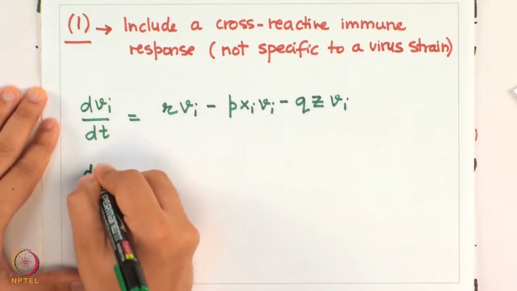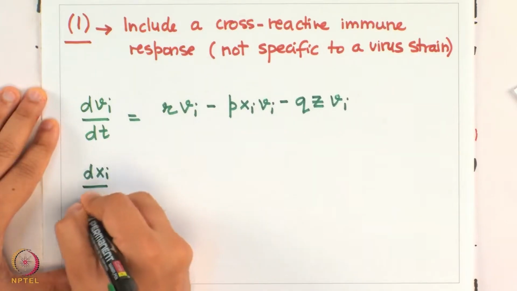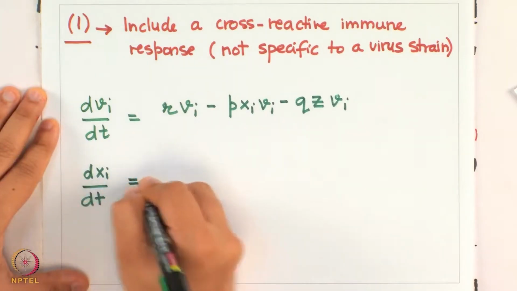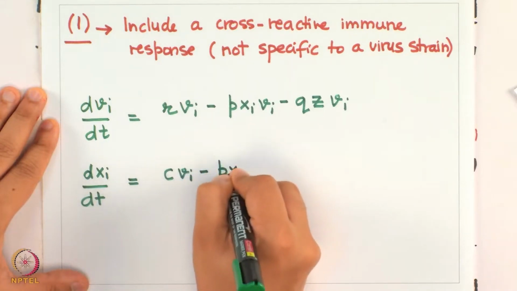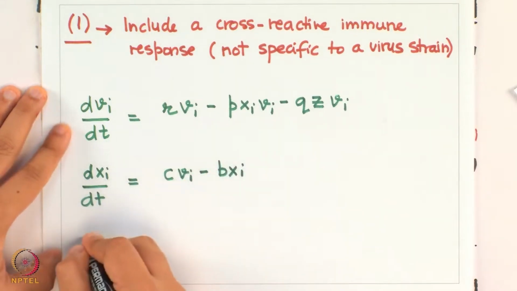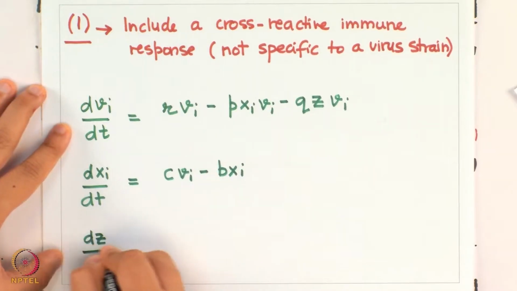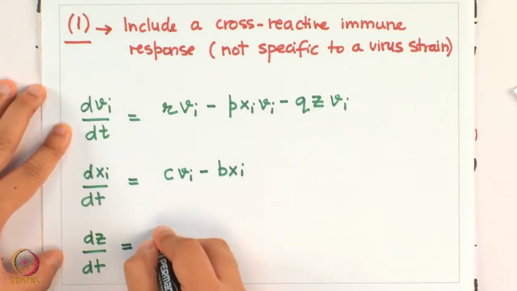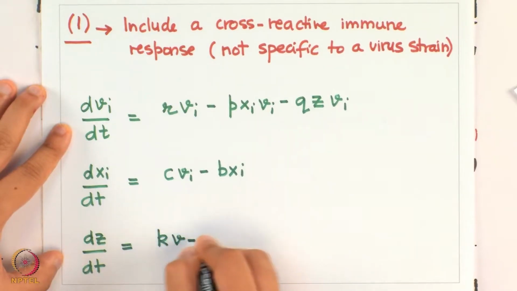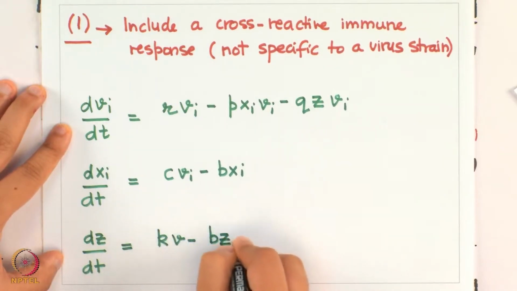Second, dXi/dt is just equal to C times Vi minus B times Xi, and last, dZ/dt is K times V minus Bz.